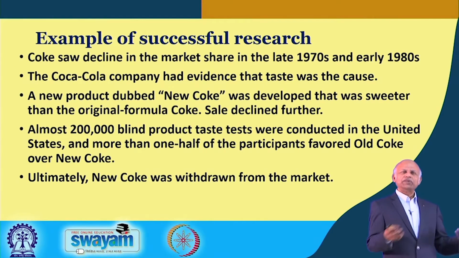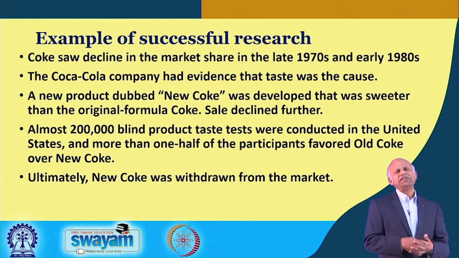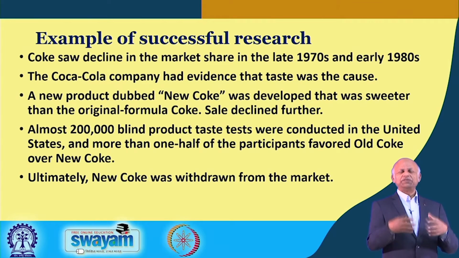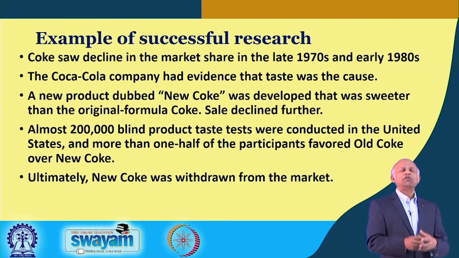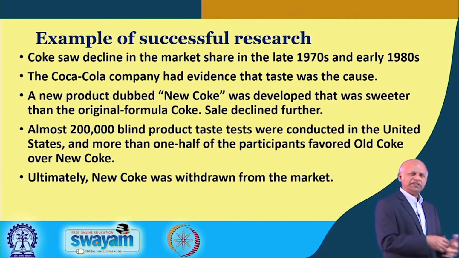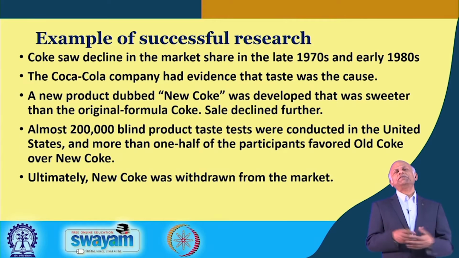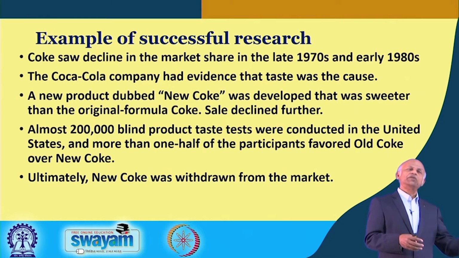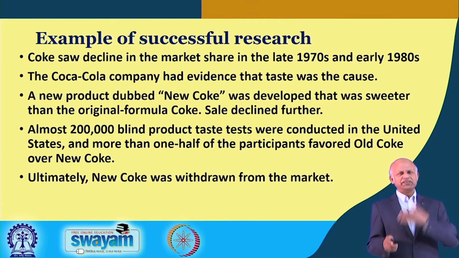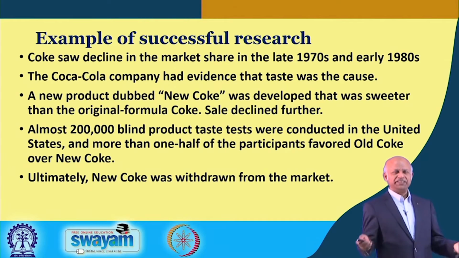Then when they observed that the market is not really accepting that, they did a blind test. They asked people, blindfolded, and gave different drinks including Pepsi and their own sweet Coke and the previous Coke. More than 50% of the people liked the old Coke. So, they realized the old Coke was a better drink than sweet Coke or than competitors.